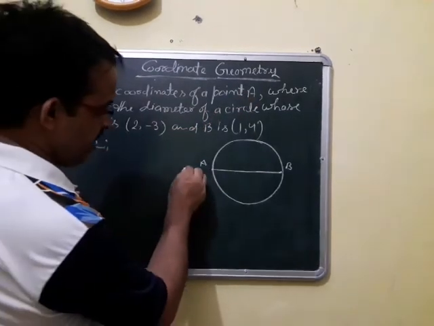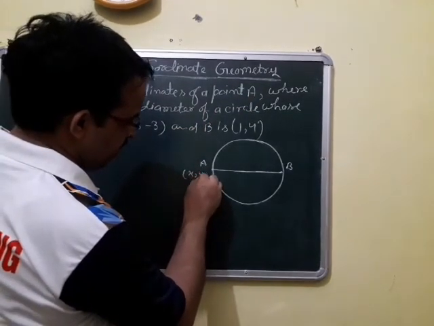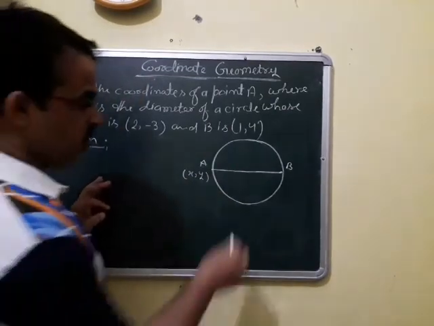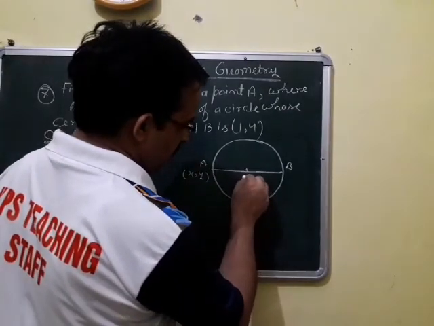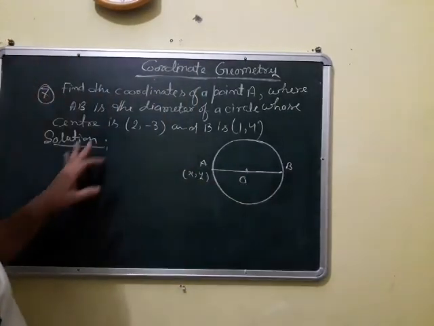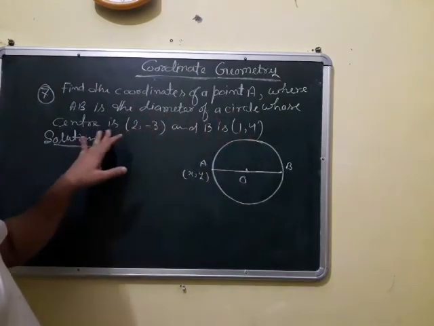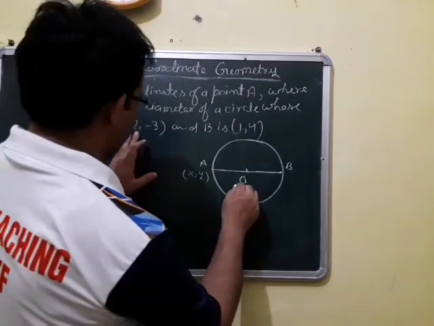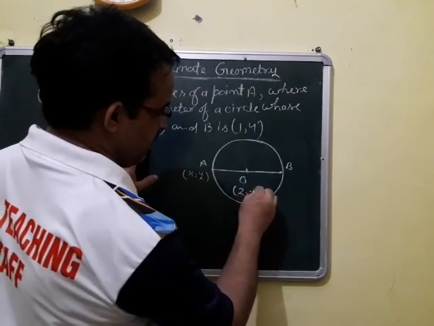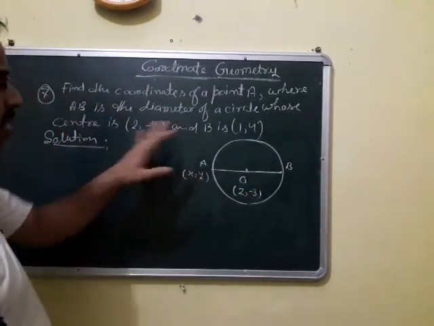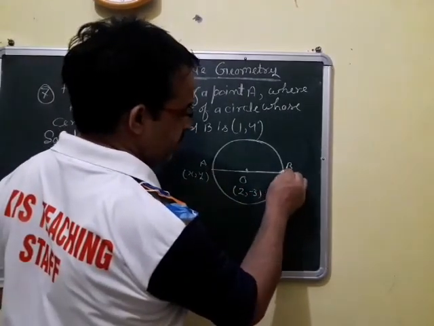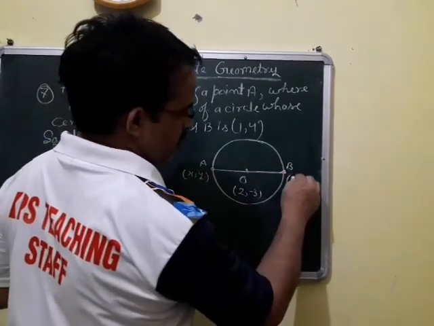We have to find the coordinates of A, so let them be (x, y). O is the center of the circle, whose center coordinates are (2, -3), and B's coordinates are (1, 4).